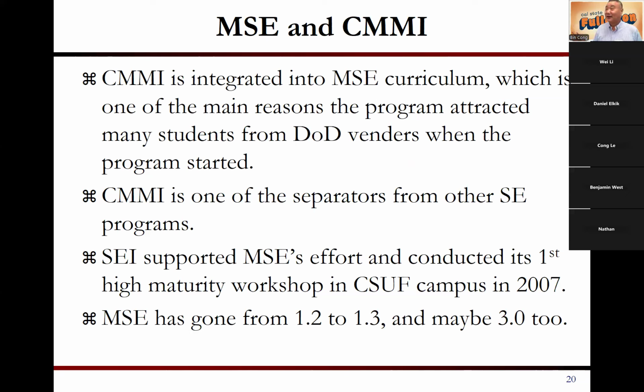I remember I had to do a presentation at Raytheon, Boeing, Lockheed, all the DoD in LA. First cohort, we started late, and we got 47 students. They said, well, you can train for us, because they have to get training within the company. Okay, you're doing it for us, great. And this was also one of the separators at the time between us and other software engineering programs.